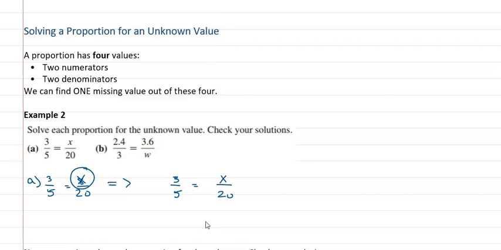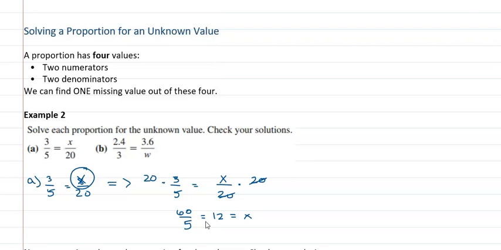Notice x is on the right, but it's on the top. So all I need to do is multiply both sides by 20. The 20 is going to cancel out, and I'm going to end up with 60/5 on the left side. Well, 60 is divisible by 5, so we get 12. So 12 equals x.